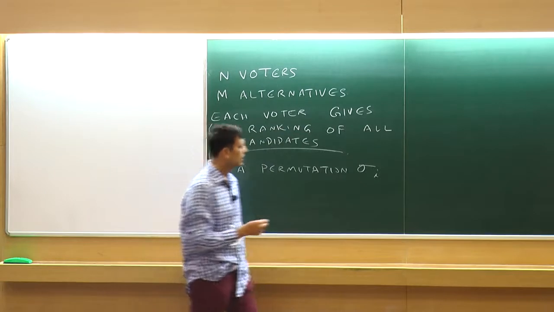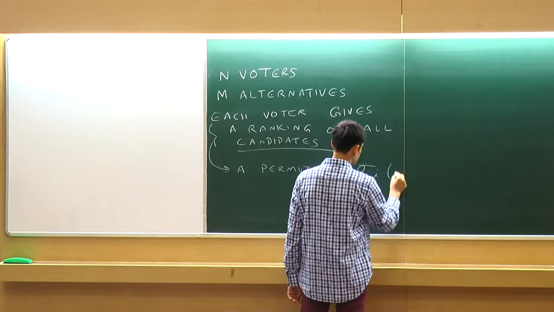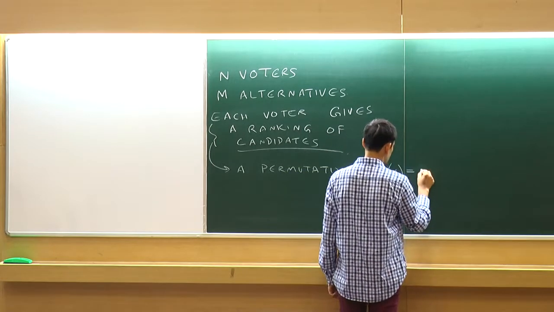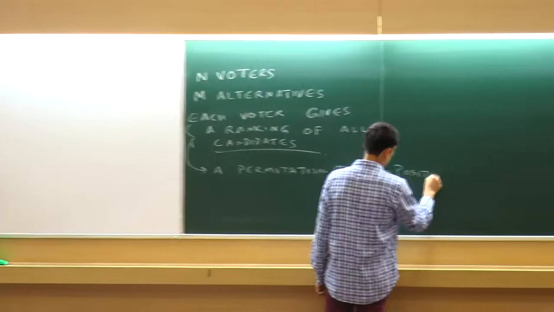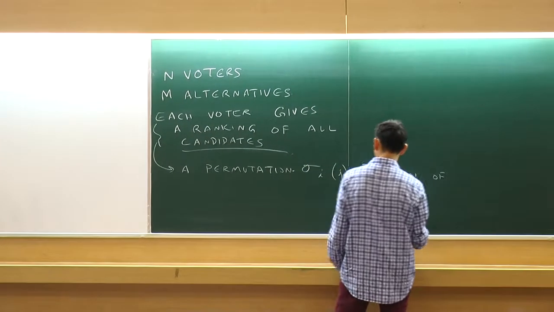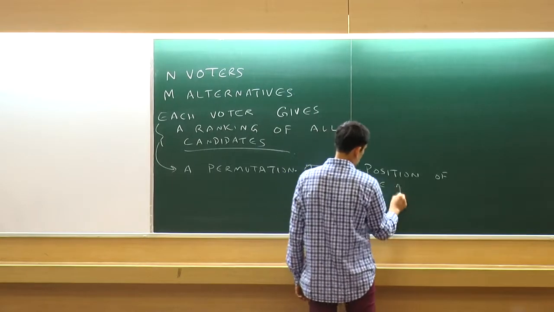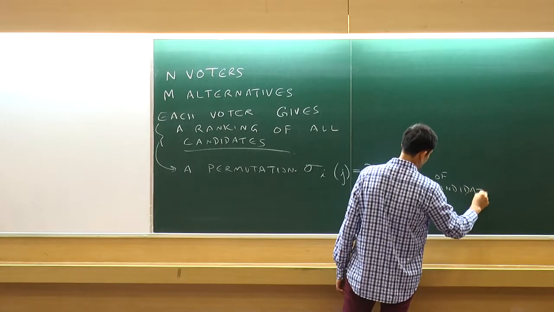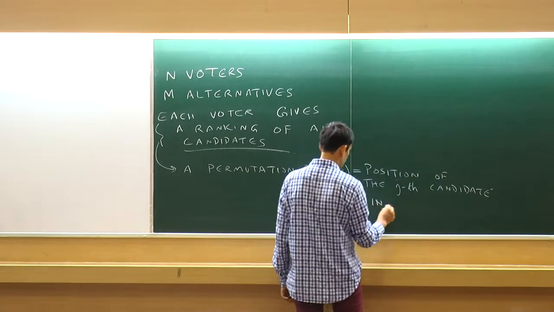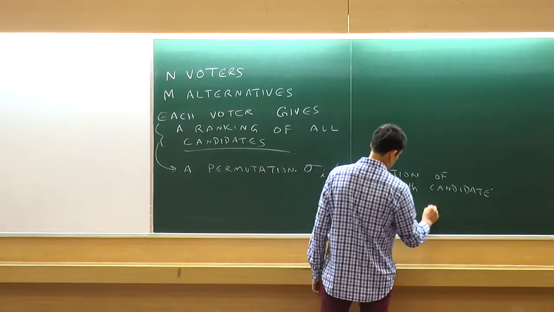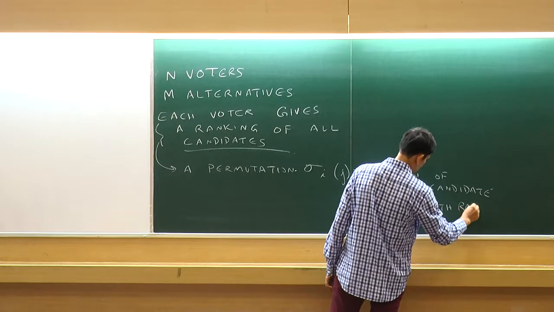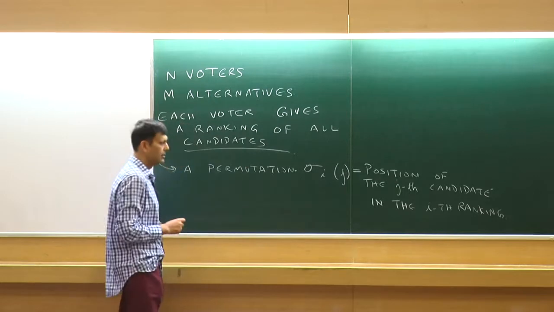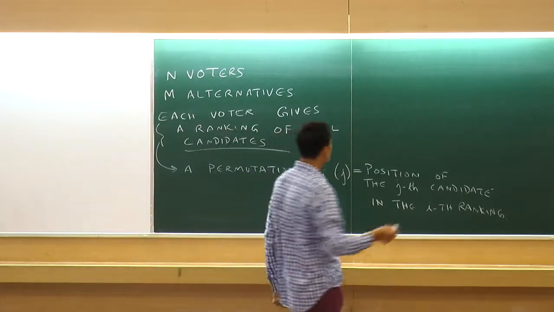So sigma ij is the position of the jth candidate in the ith ranking.